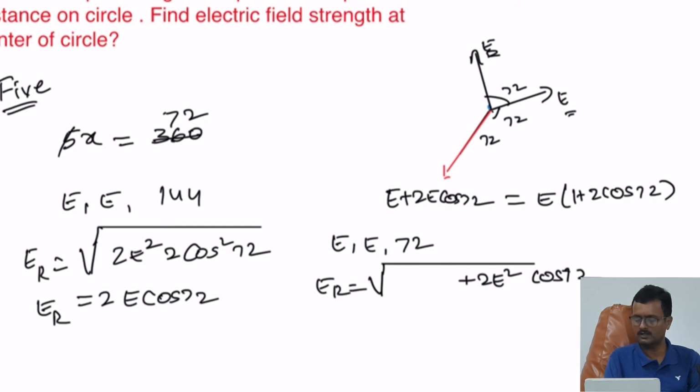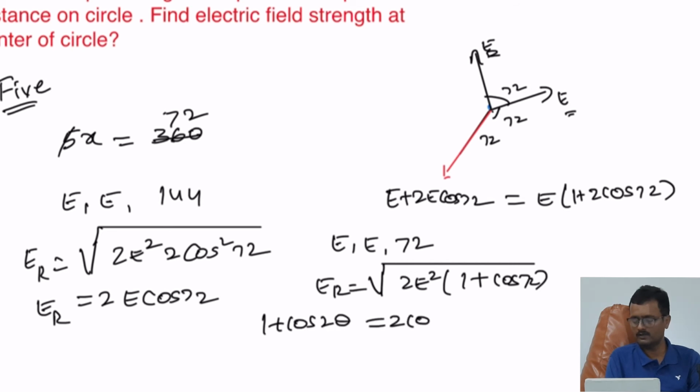E square plus E square is 2E square. 2E square is common in both terms. Then we get 1 plus cos 72. We have the formula 1 plus cos 2 theta is equal to 2 cos square theta.